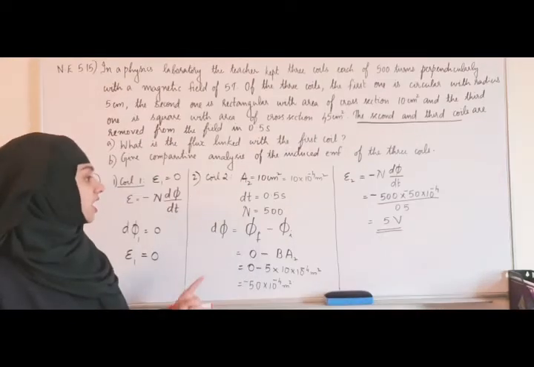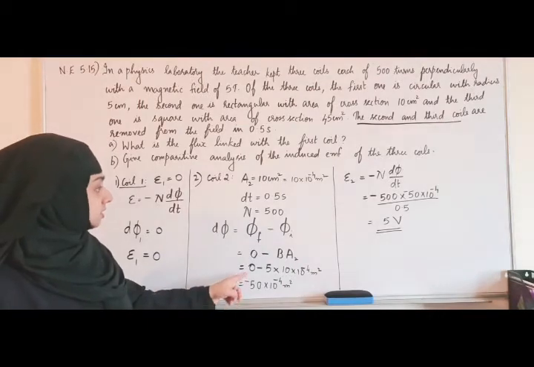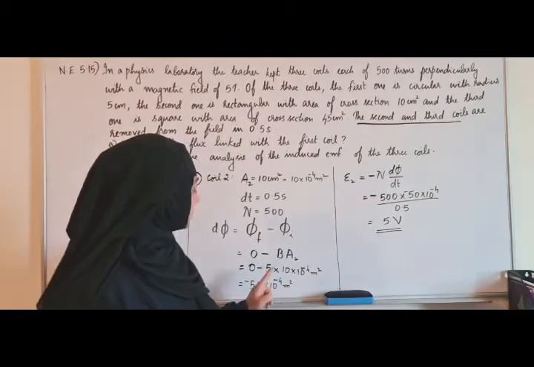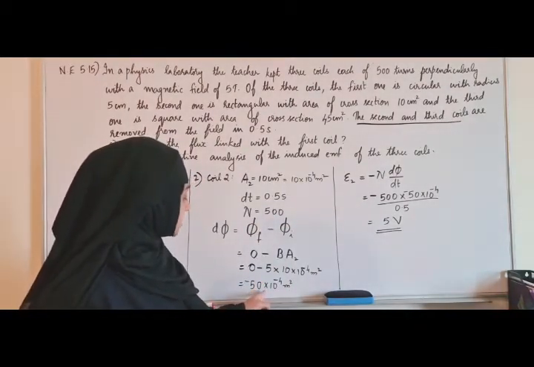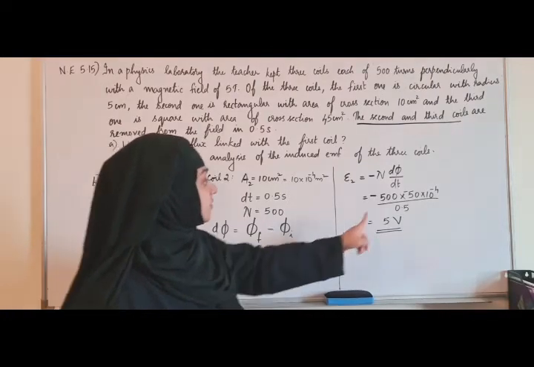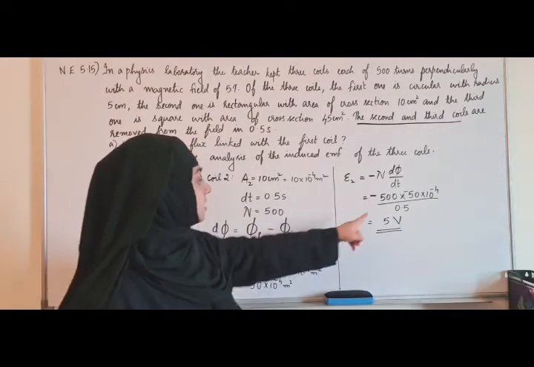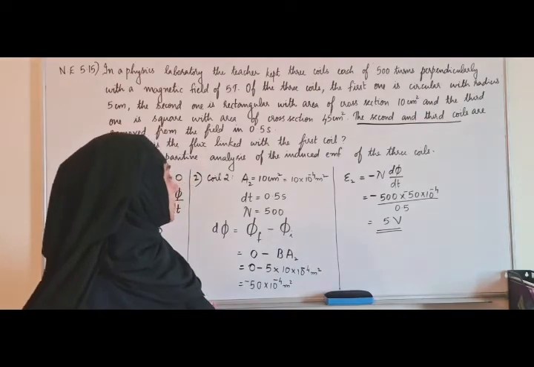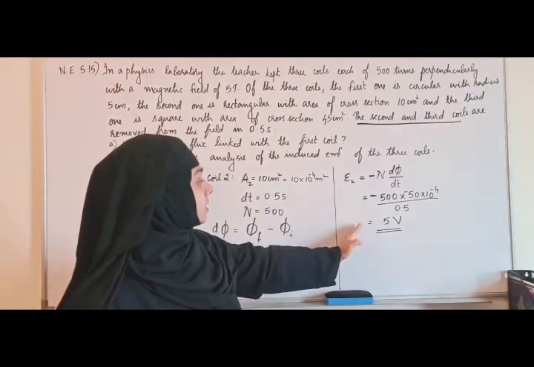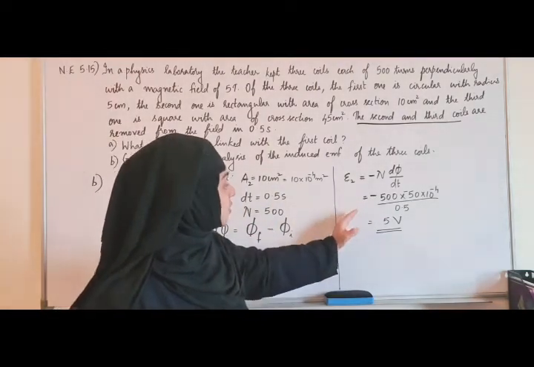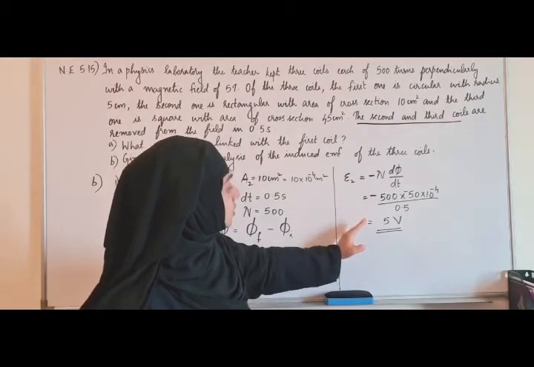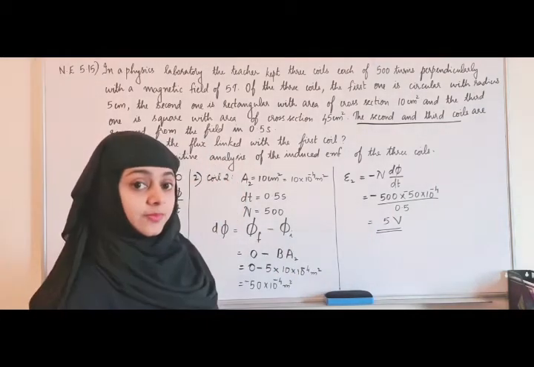So, plus 5 volt. Because 500 turns, minus 50 times 10 raised to minus 4 and divided by 0.5. I hope this is clear to you. So, the EMF induced in the second coil is equal to 5 volt.